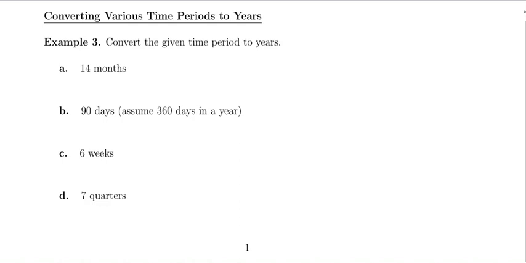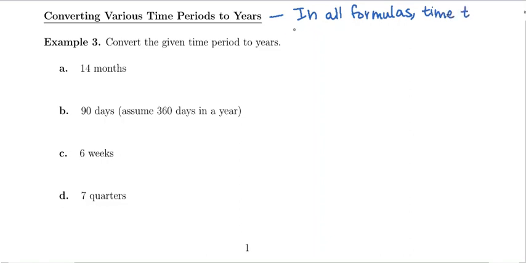So I'm going to make a note here. In all of the formulas, time, which is going to be the variable t, must be plugged in as a yearly amount.